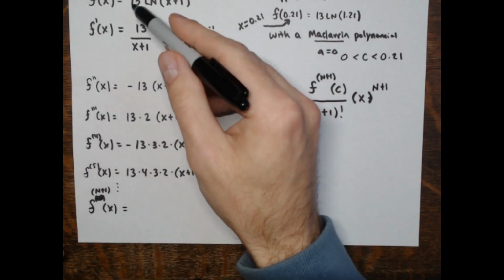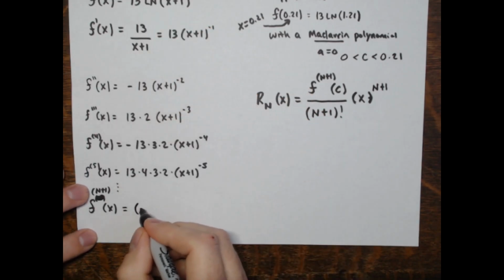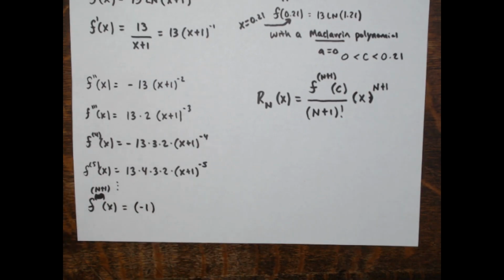And I'm saying that we have this alternating going on. So again, I'll have negative 1 to a power, and I would like it so that for the odd derivatives, positive. For the even derivatives, negative. Now, this is going to be odd when capital N is even.